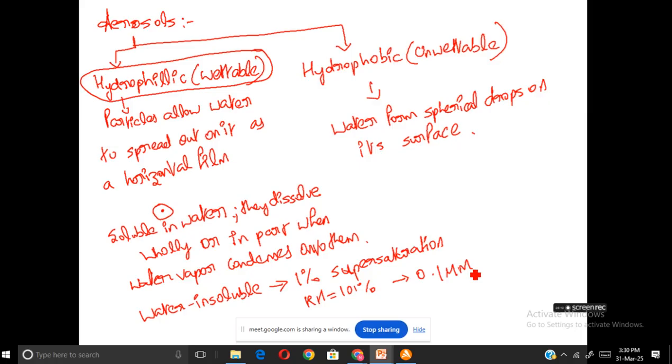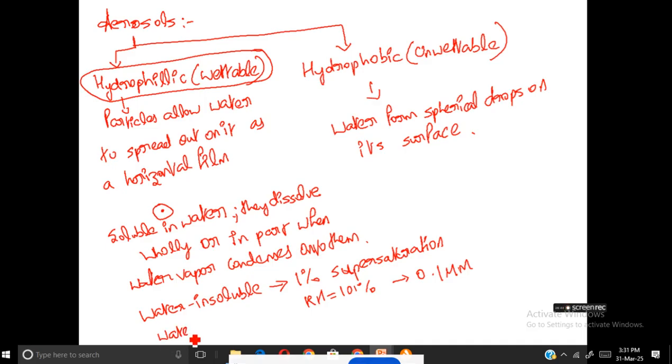Whereas in case of soluble particles, even a particle as small as 0.01 micrometer can act as cloud condensation nuclei. Even if a particle is of that small size, water vapor molecules can come and condense on it.